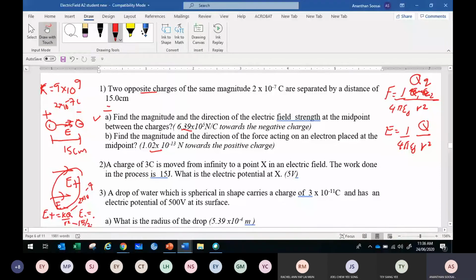So 7.5 centimeter, please convert to meter. Then you get E plus. And E minus is going to have the same magnitude. So whatever answer you get for E plus, times 2, that should be the answer. You should get 6.39 times 10 to the power of 5.